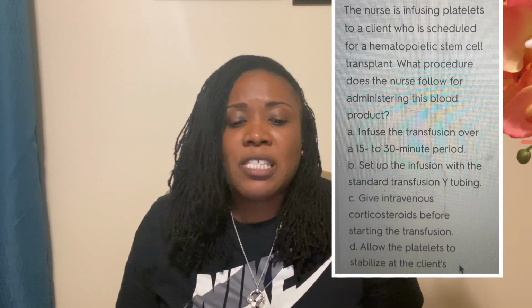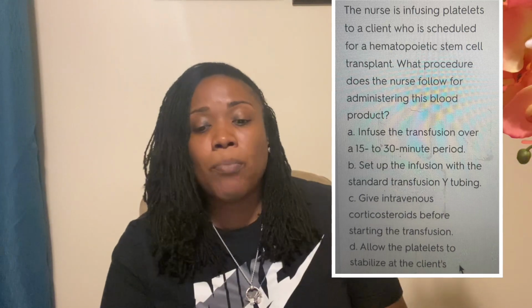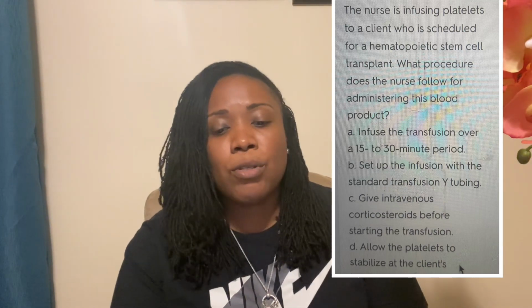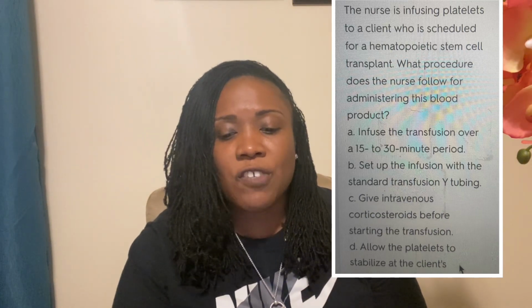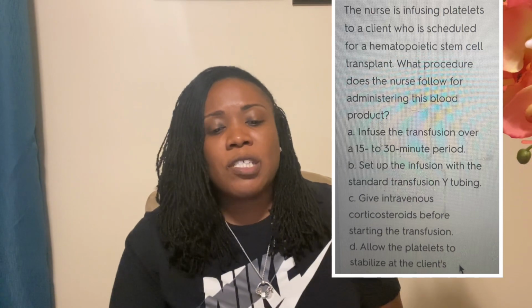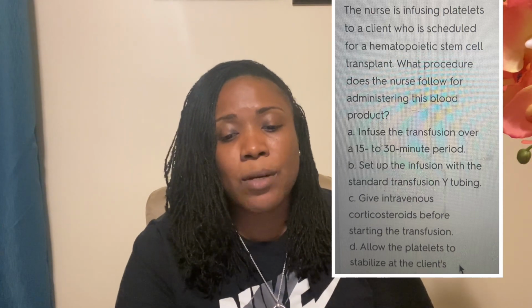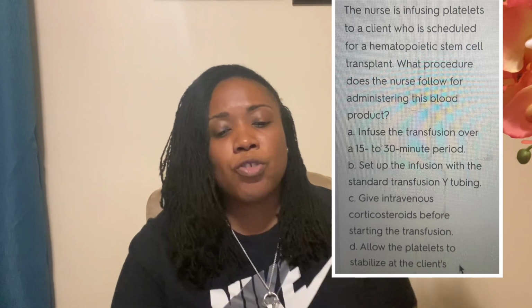9, the nurse is infusing platelets to a client who is scheduled for a hematopoietic stem cell transplant. What procedure does the nurse follow for administering this blood product? So the nurse is infusing platelets to a client who is scheduled for a hematopoietic stem cell transplant.